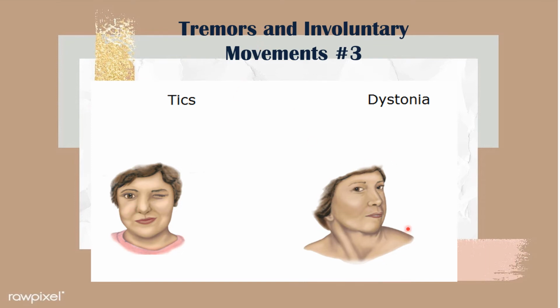Okay, another one is dystonia. They are actually similar to athetoid movements but often involve larger portions of the body including the trunk.